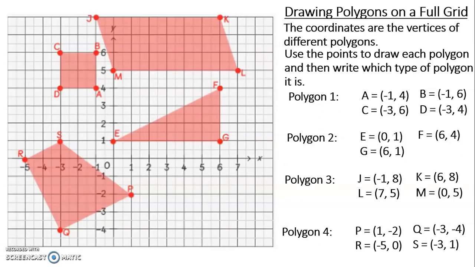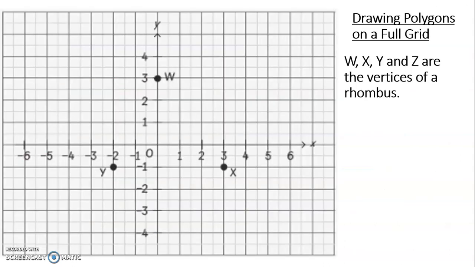Right, they are the completed polygons. Polygon 1 was a square, polygon 2 was a right angle triangle, polygon 3 was a parallelogram, and polygon 4 was a trapezium. W, X, Y, and Z are the vertices of a rhombus. We've already done one of these rhombuses before.